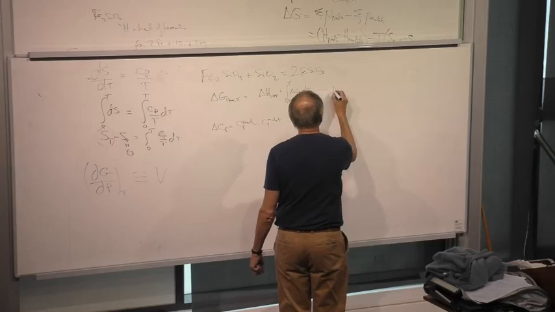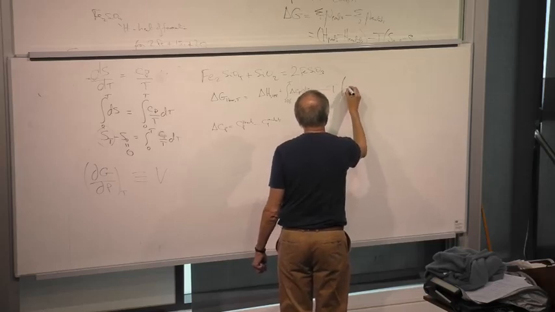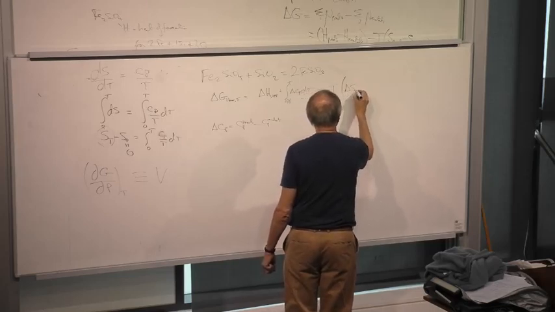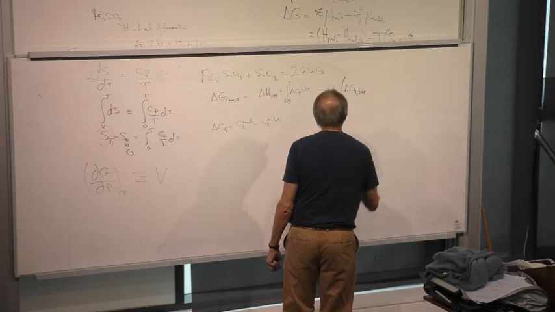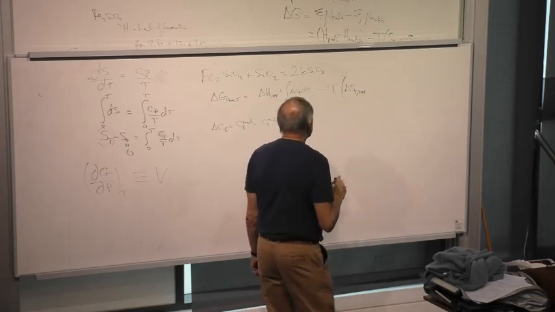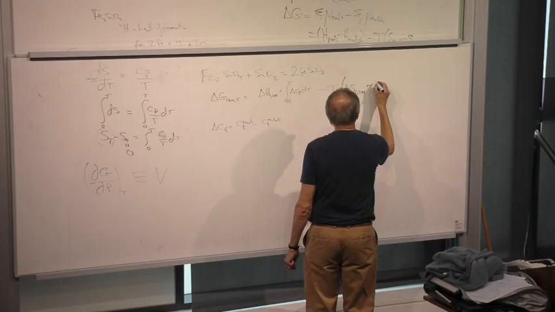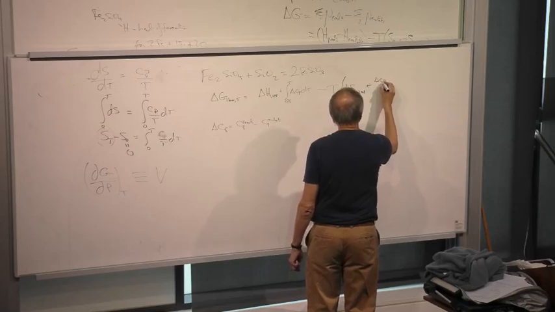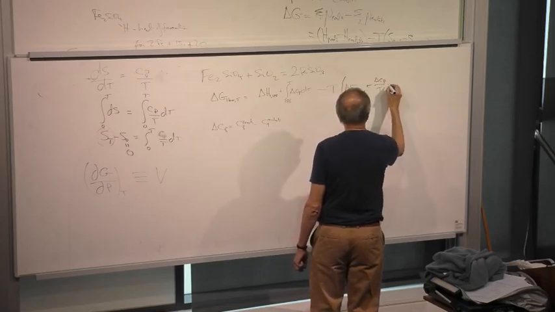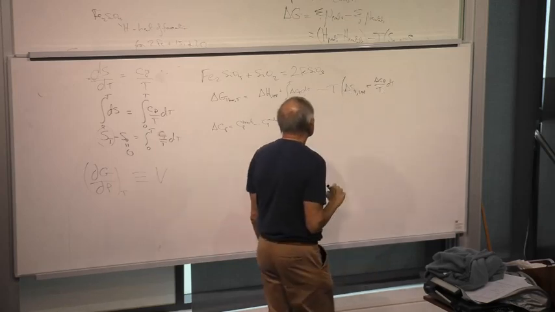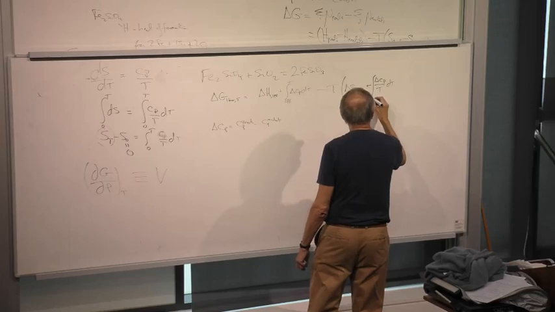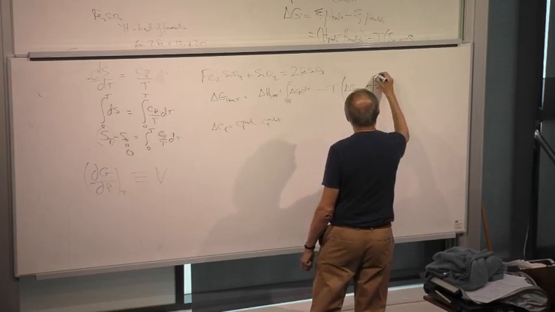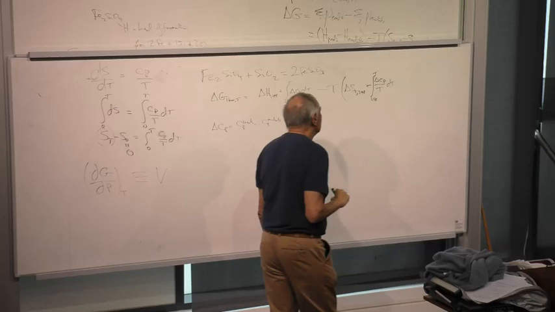Minus T into delta S at 298 and 1 bar, plus the integral of delta Cp over T dT from 298 to T.